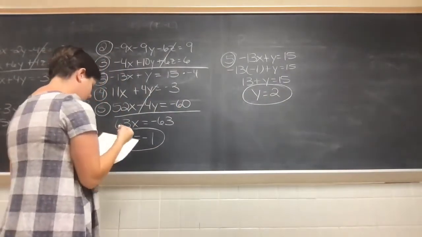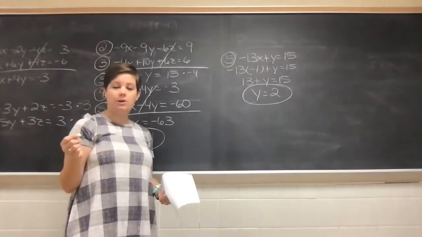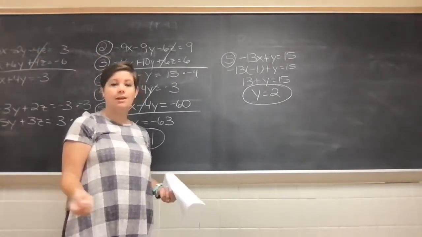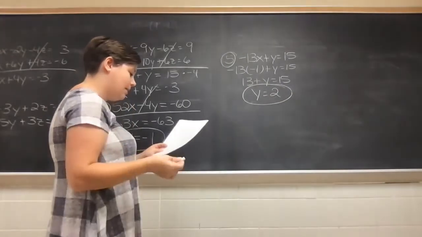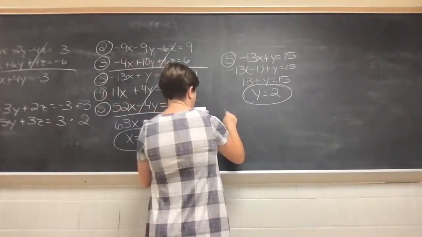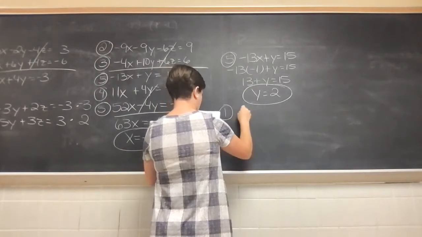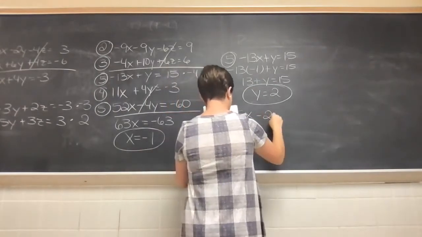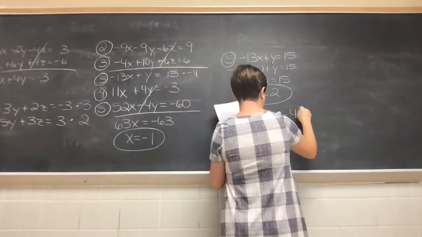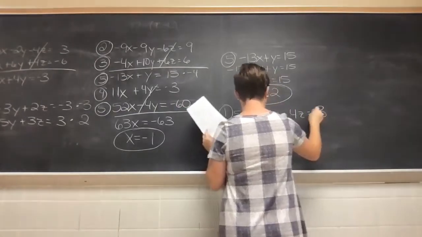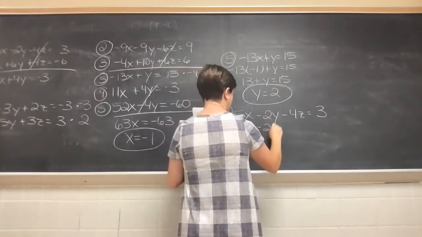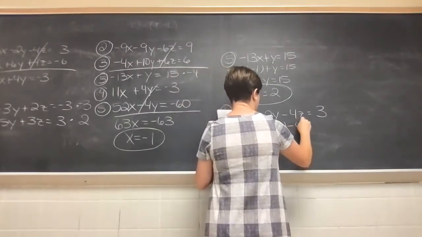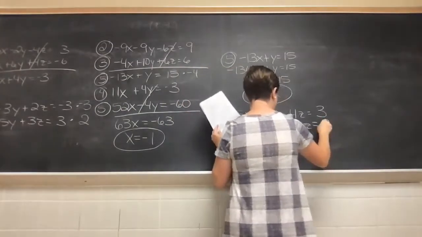Now we can go back and pick any of the original 3 equations, equation 1, 2, or 3. It does not matter which one. None of them have z by itself, so I just went ahead and used equation 1, which was 5x minus 2y minus 4z equals 3. Plug in a negative 1 for my x, plug in 2 for my y, and then I'm going to end up solving for my z.